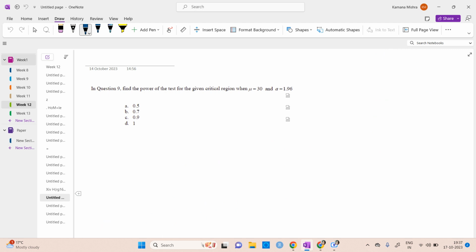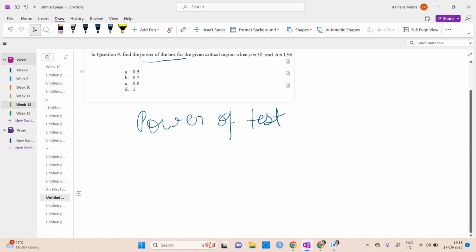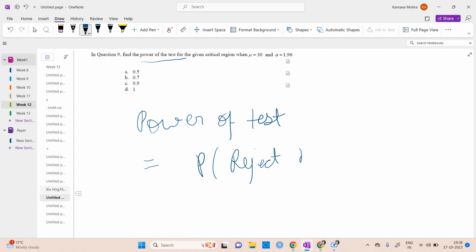When mu is not 20 but 30, the rejection region would be different. Here we are finding the power of the test. I don't know whether you remember or not, but power of the test is the probability of rejecting h naught given h1 is true, right?